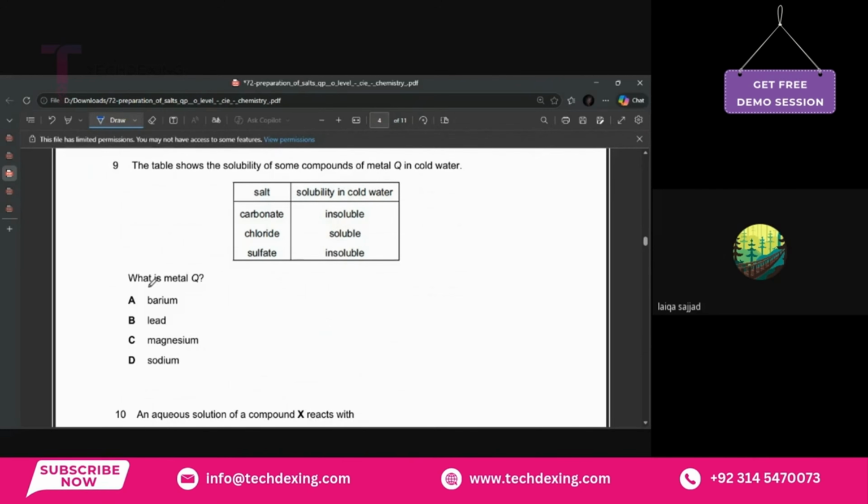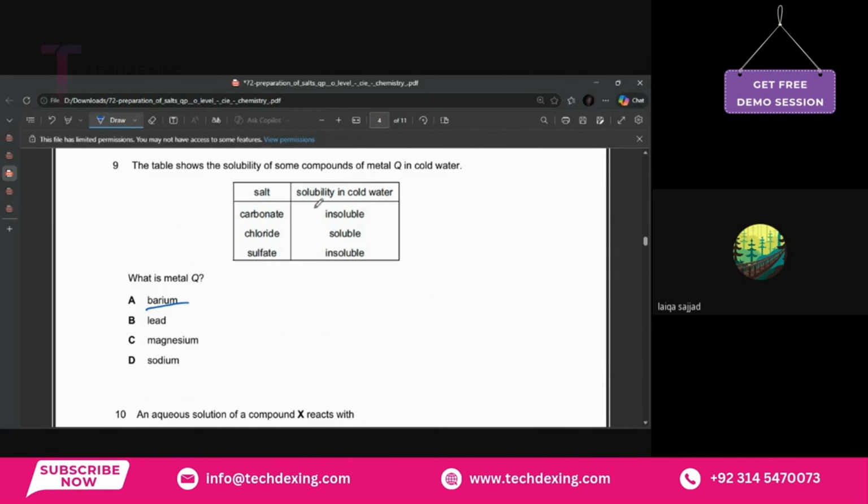You can evaluate the options one by one. If the metal is, let's say, barium, is barium carbonate insoluble? The answer is barium. Yes, very good.